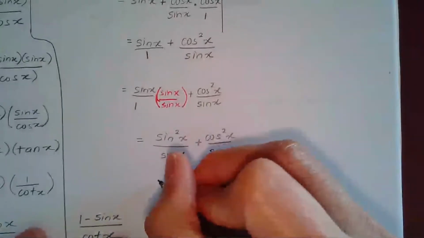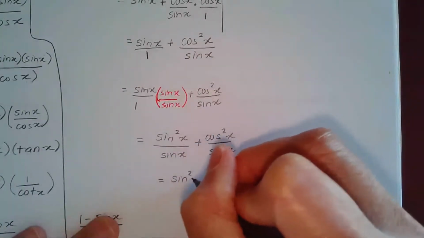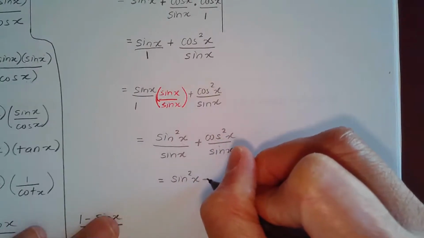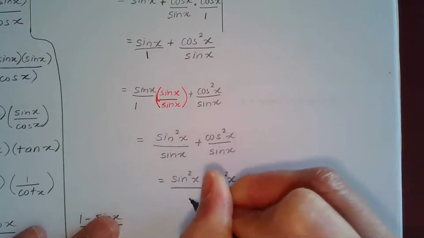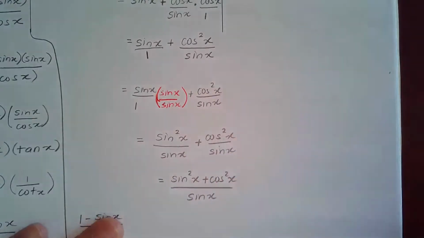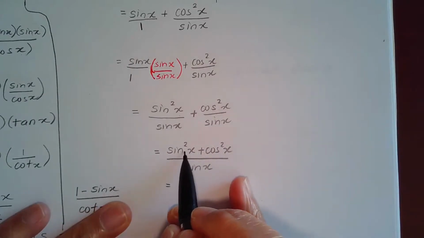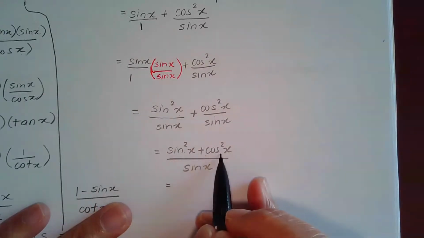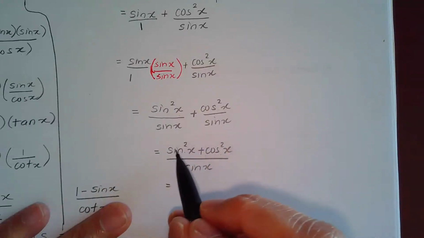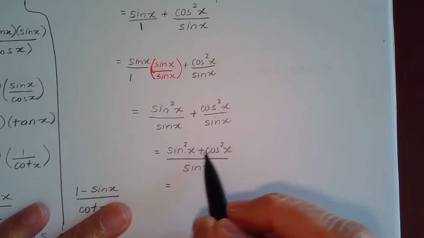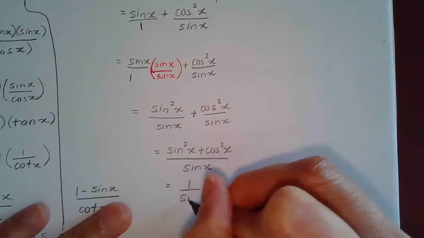That equals sine squared of x plus cos squared of x over sine of x. And you probably realize, oh, I see this. Sine squared of x plus cos squared of x is the Pythagorean trig identity, and that is equal to 1. So it equals 1 over sine of x.